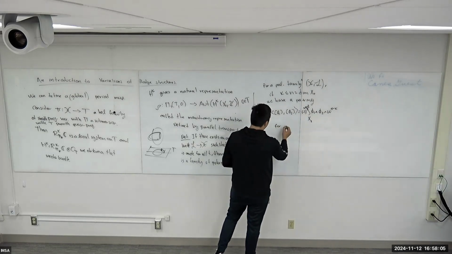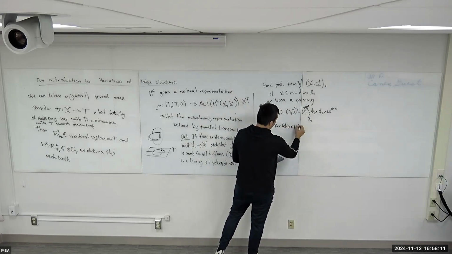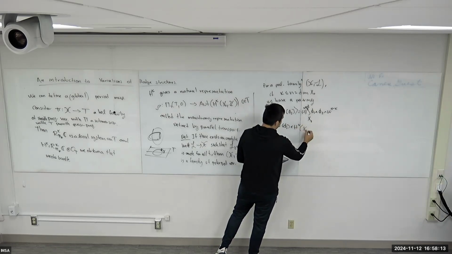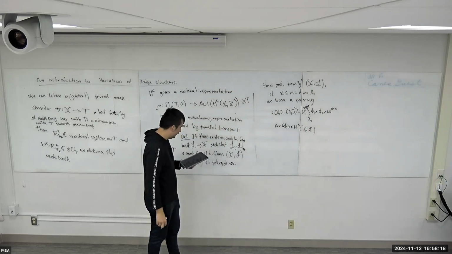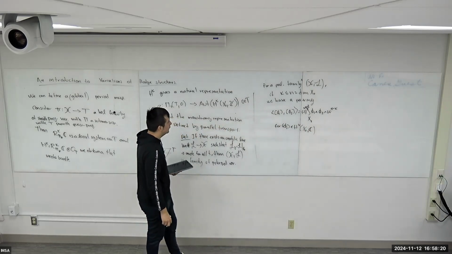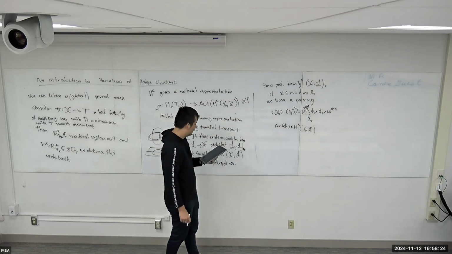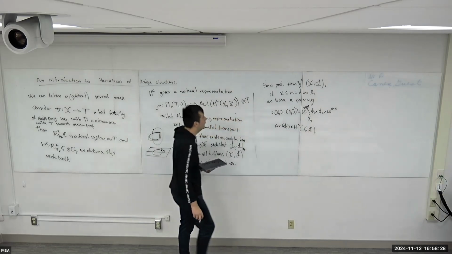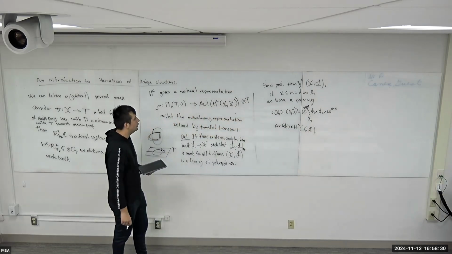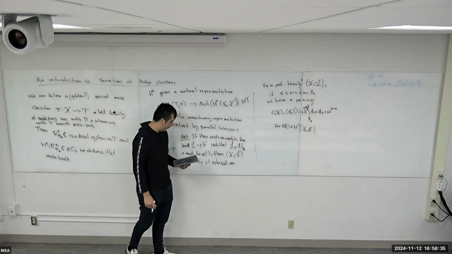And for phi, psi, these are going to be cohomological classes in HK. And the monodromy needs to preserve this pairing.